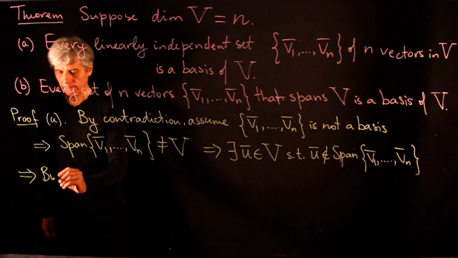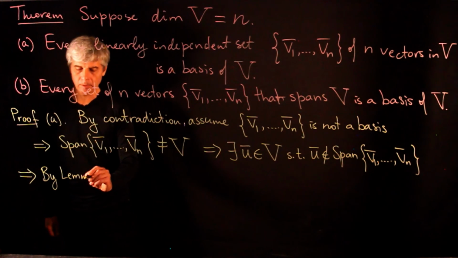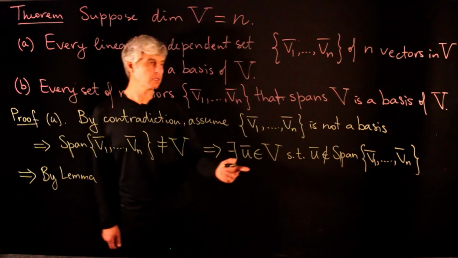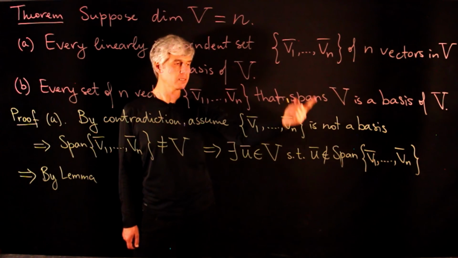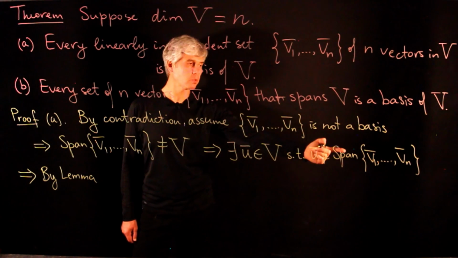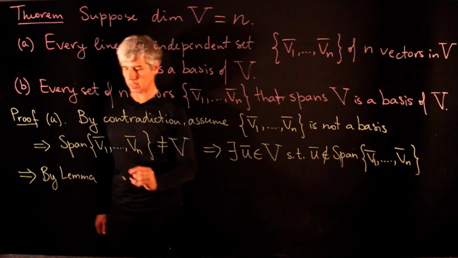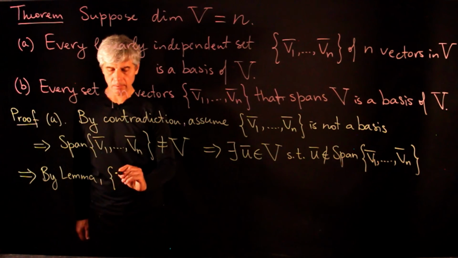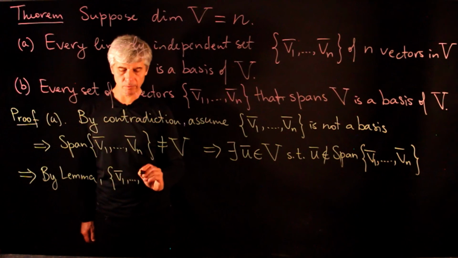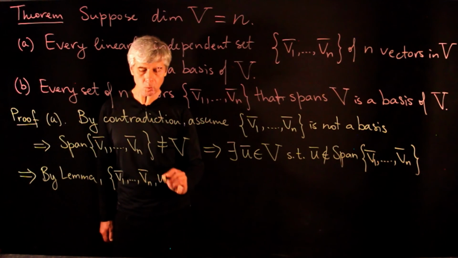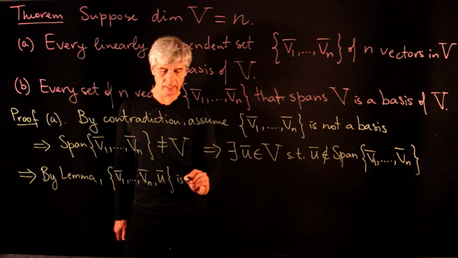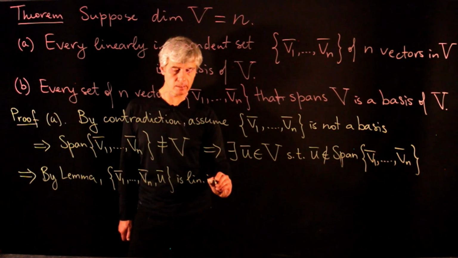So by the lemma, if we have a linearly independent set and u does not belong to the span, then this larger set, V1 through Vn together with u, is linearly independent.